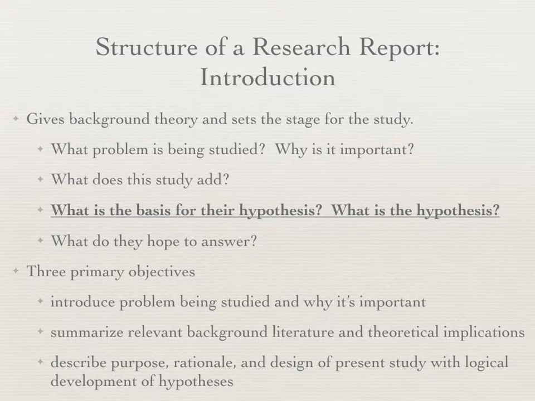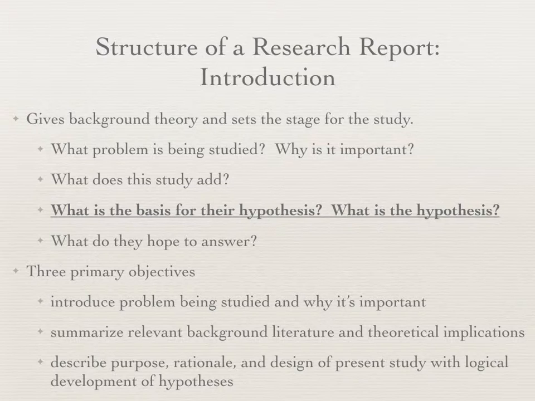So if I'm looking for a hypothesis in an article, it's not always the case, but where I start is I go to the introduction, I go to the last sentence of the introduction, and I start to read backwards, because usually that's where that hypothesis is. They're going to spend the introduction introducing this topic and what we know and what our question is, and then they're going to say, here's what we think: hypothesis. And then usually they go almost straight into the methods from there. So it usually is in that last paragraph of the introduction.